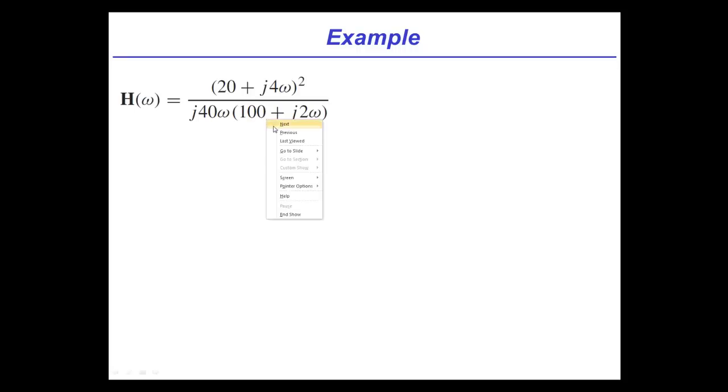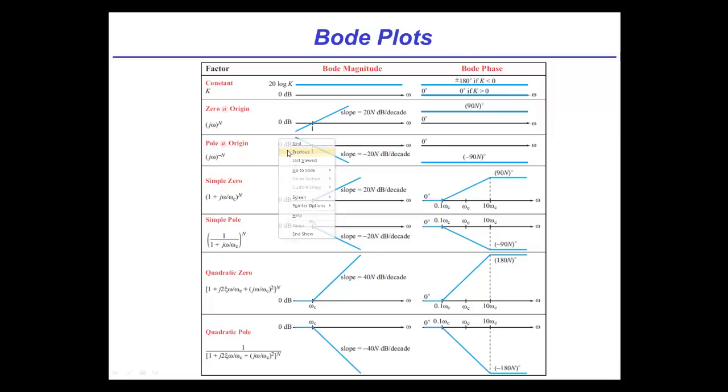Now, if you go back and look at the previous table, you find that all of these terms, let's take for example the simple zero, are organized in very specific ways. The simple zero is organized as 1 plus j omega over something, which we're calling omega c here. Similarly, the simple pole, which shows up in the denominator, is organized as 1 plus j omega over something.